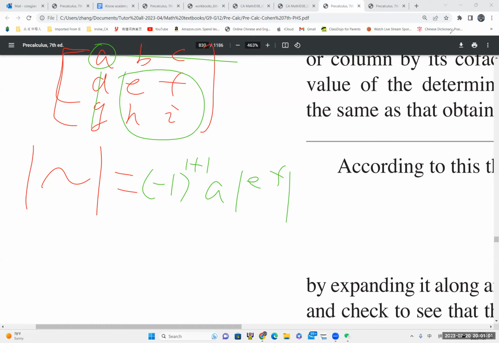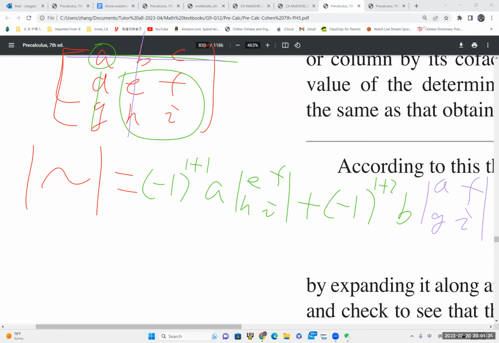The minor means E, F, H, I, right? We already have the determinant for a 2 by 2 matrix. Then we go to B, plus negative one. B is first row but second column. For B, you need to cancel its row and column, so what is left is D, F, G, I, right?